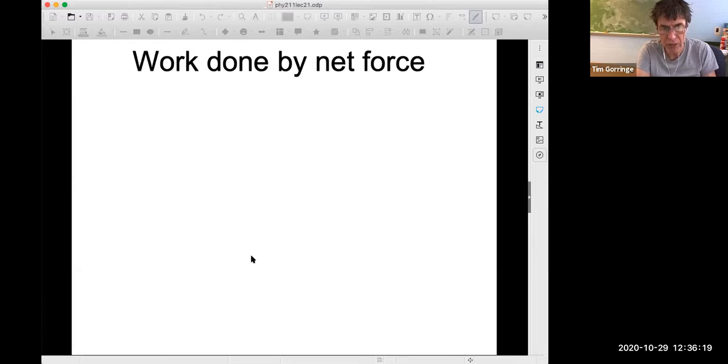So this slide is really a reminder of something from the past related to translational motion and work done in translational motion. And then I'm going to update the slide to be in the present to represent the work done in rotational motion.